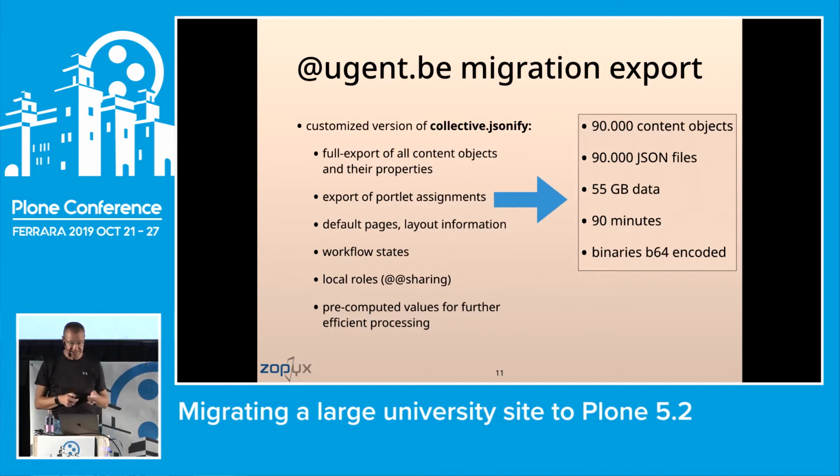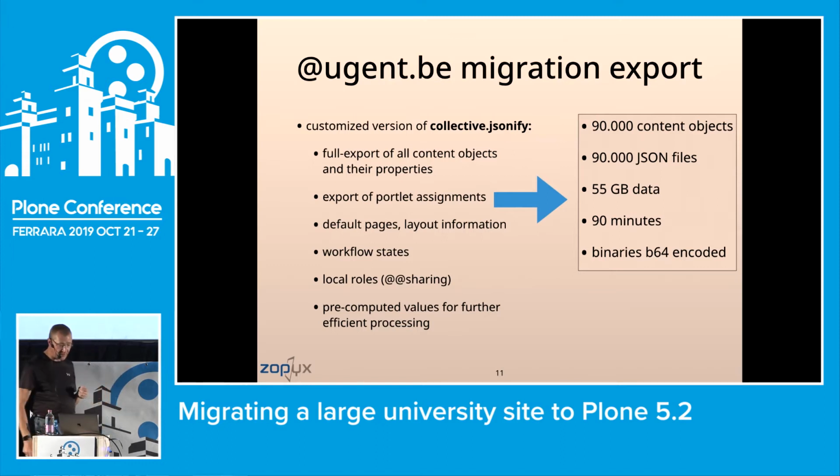You have one JSON file per content object, and the JSON file contains all the properties of the original object, the Archetypes schema-based properties, but also information about the workflow history, variable state, local roles, so all the stuff that's sitting persistent on each content object.